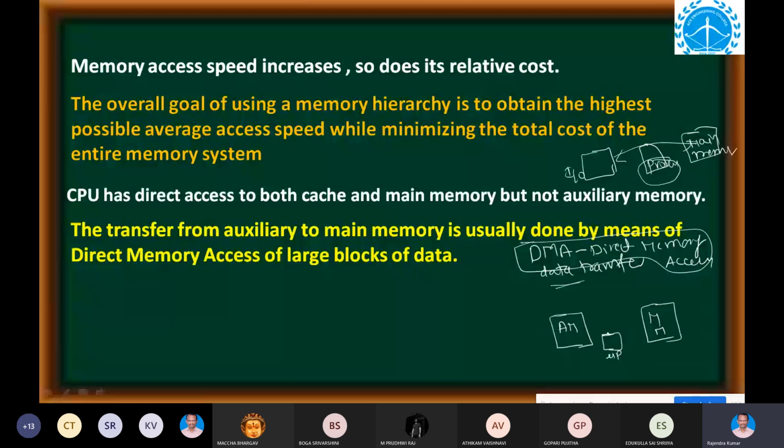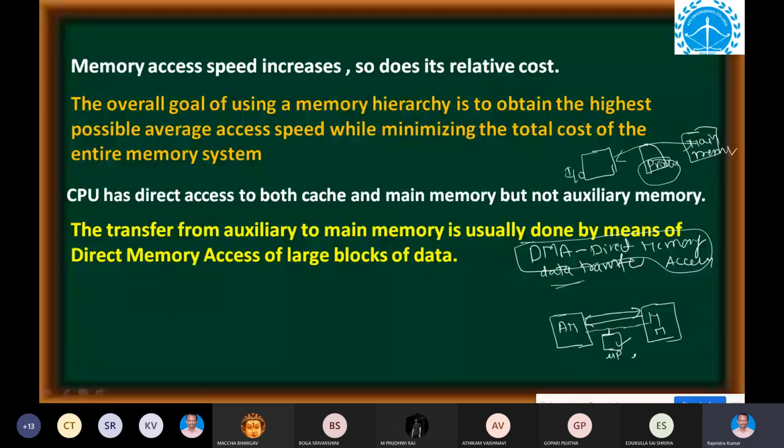The processor initiates the data transfer between auxiliary memory and main memory. That's it. But the total transfer will take place directly. What is the purpose of this processor? It just initiates the data transfer.